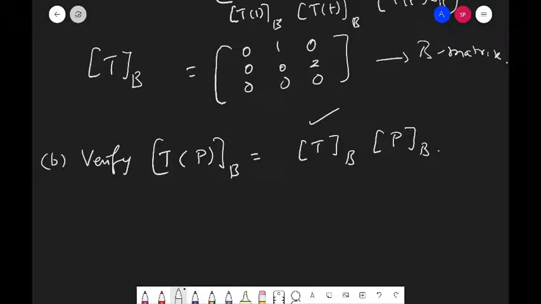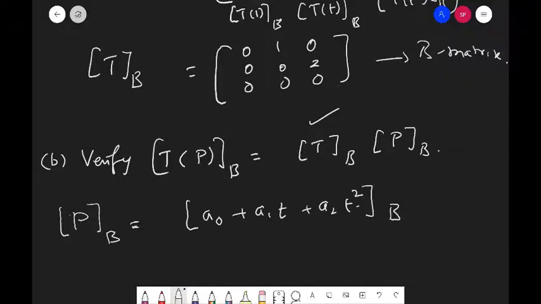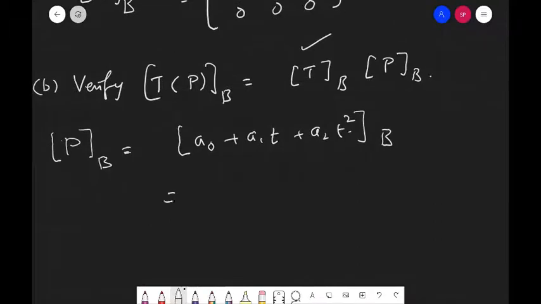We have to find these two. So first, what is the coordinate of P with respect to basis B? P is any polynomial a0 plus a1 t plus a2 t square, so its coordinates with respect to basis B are the column matrix a0, a1, a2.